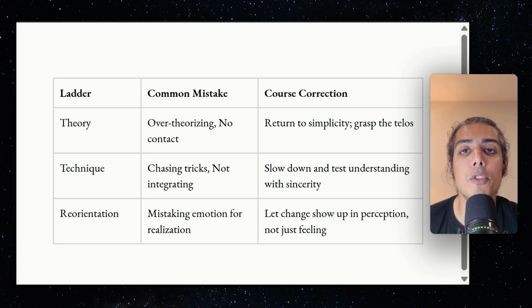Reorientation, mistaking emotion for realization. Course correction is let change show up in perception and not just feeling, like it's an existential change. And feelings also change because of it, but it's not just you believing that today I feel good, so Jyotish has worked for me. Tomorrow I feel bad, so Jyotish has not worked actually. No, it's not about feeling good or bad.